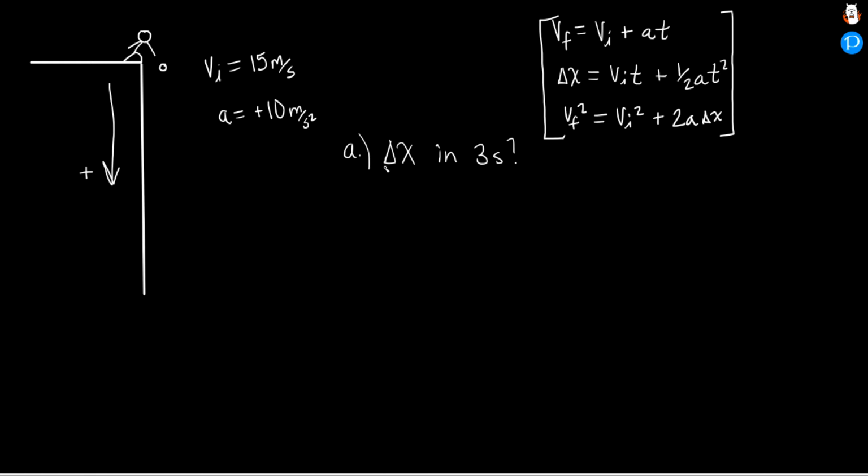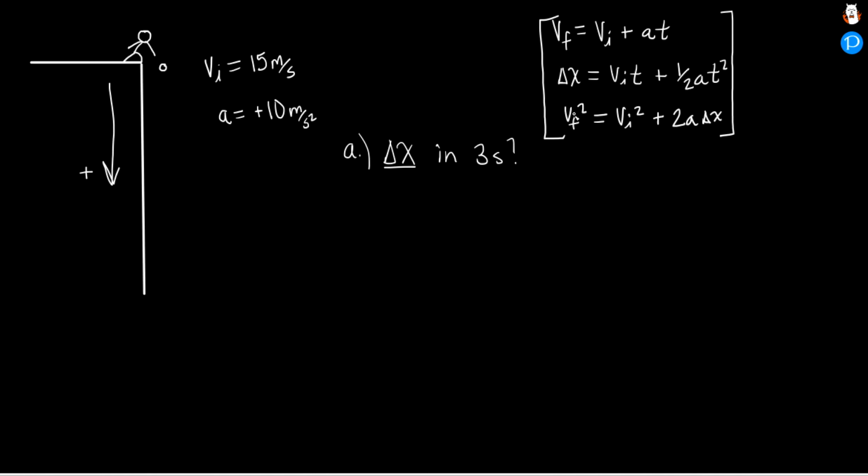All right, we're looking for displacement, and we're given initial velocity, we're given acceleration, and we're given the time that it takes. So just looking at my equations that I've got right here, I can't use this equation here because I don't know the final velocity, which is going to be the same case for this equation right here.